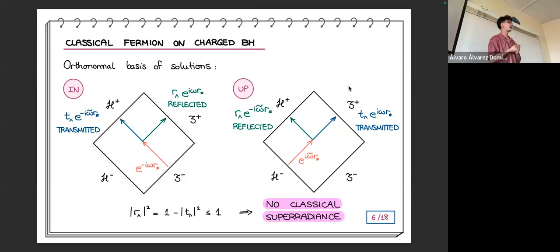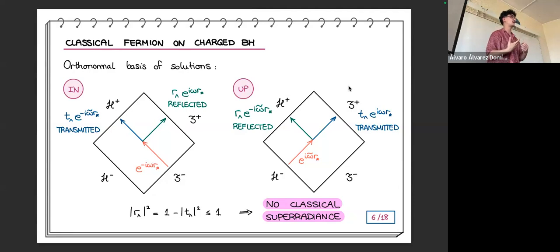Now, why do we say that we do not have classical superradiance with fermions? Because you can quite easily discover a relationship between the reflection coefficients and the transmission coefficients. And what you find classically is that the reflection coefficient is smaller than 1.